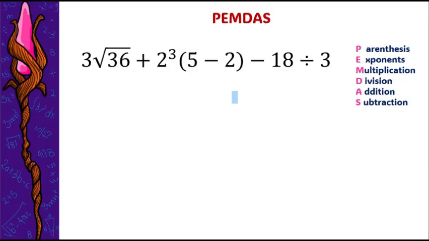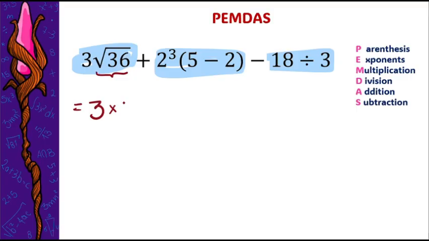Let's get it more complicated each time. So we could be talking about one term, two terms, and three terms. For this one, the square root goes first, so we could say 3 times the square root of 36, which is 6. For this one, the parentheses go first, this multiplication goes at the end, so we could still do this exponent before the multiplication. So we could do 2 to the power of 3, which is 8, times 5 minus 2, which is 3, minus 18 divided by 3, which is 6.